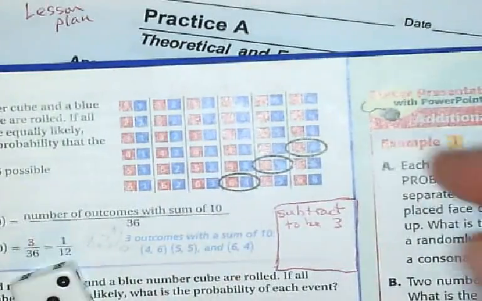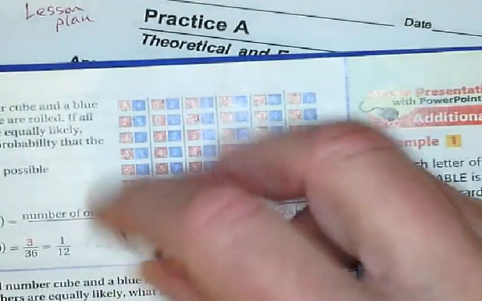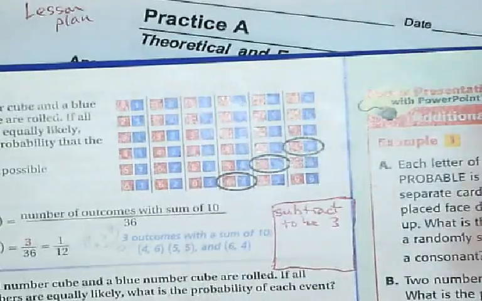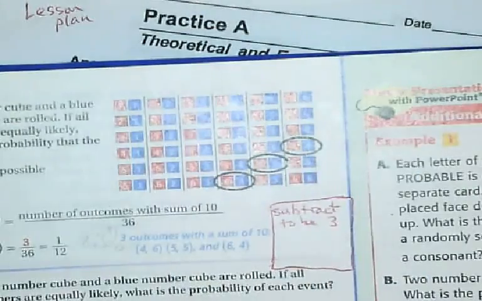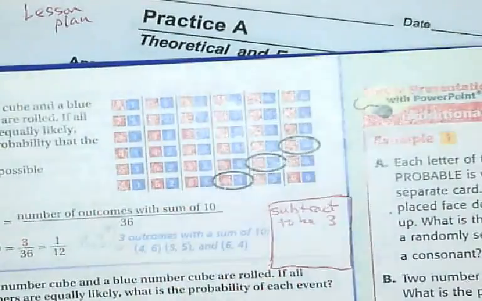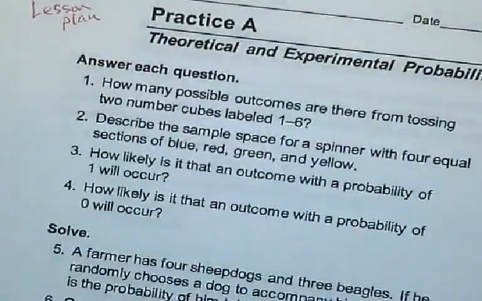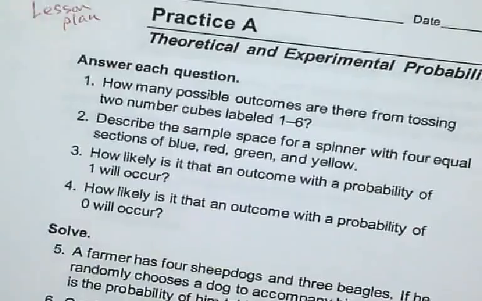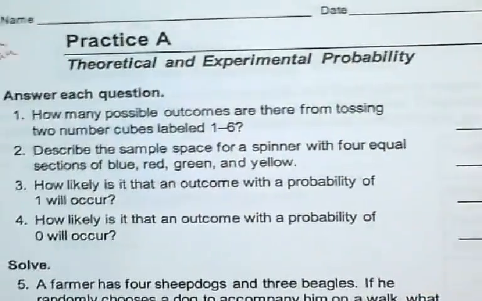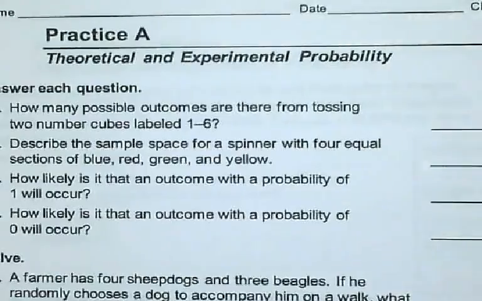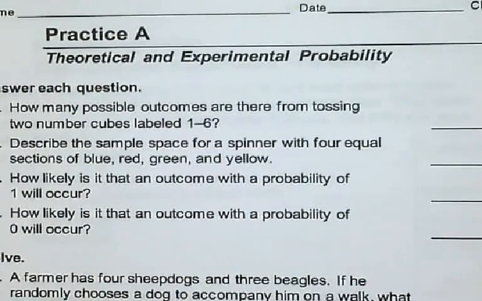Because there's 6 ways this can land, and then the other one, whatever color it is, also has 6 ways to land. 6 times 6, 36 different ways they can land. That is the ticket. So, how many possible outcomes are there? There's 36. So the answer is 36.